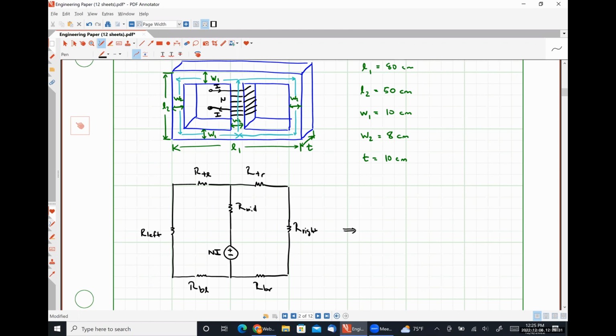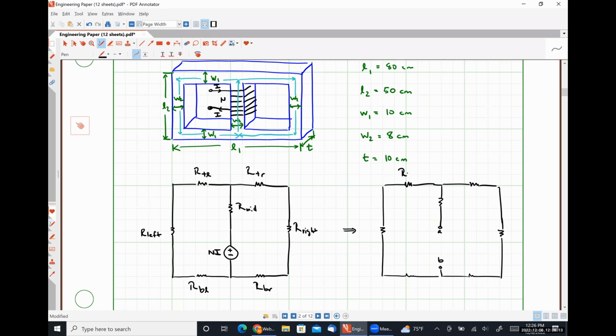So what I'm suggesting is that we do something like this. And we're going to find the equivalent reluctance seen between these terminals, which I'm arbitrarily labeling A and B, right? So we've turned this problem into a resistor combination problem, okay?